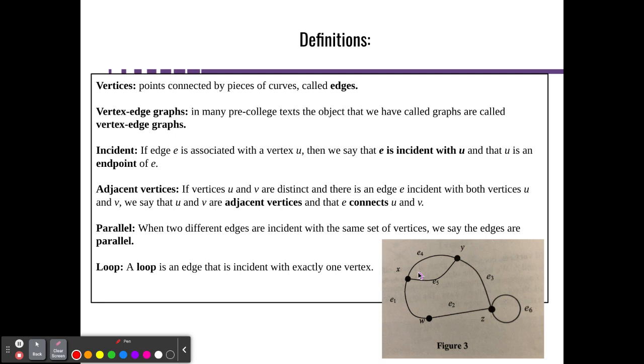So vertices would be, for example, X is a vertex, Y is a vertex, W is a vertex, Z is a vertex. And then, of course, we have edges. X to Y would be an edge, E5 would be an edge, E1 would be an edge, and so forth. Even E6, even though it's a loop, would be one too.